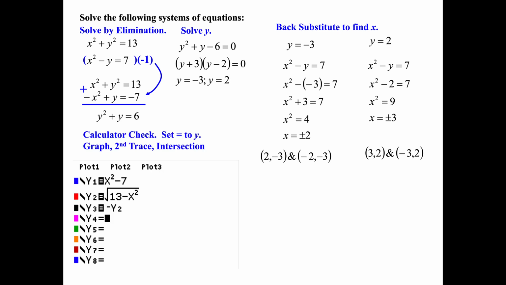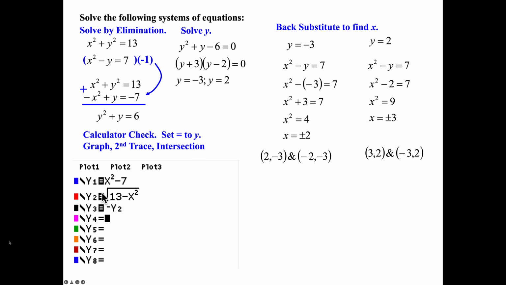To do that, I would graph or enter this one into y1 first. Add over the y, subtract over the 7, graph the parabola first, if it's opening up or down. This is more difficult because this is not a function. Remember, y to an even power is not a function. You can solve it for y, subtract over the x squared, and take the square root of both sides, but you have to have a positive or negative, just like we did with the 2 and the 3 over here.